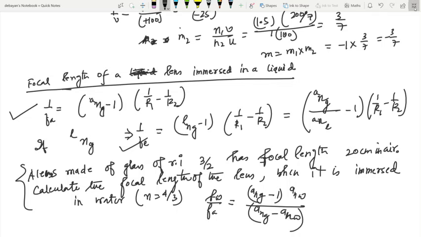We know the focal length in air is given, so the focal length in water should be 4 times 20, that is 80 centimeter. So the focal length of the lens immersed in water should be 4 times the focal length of the lens in air.